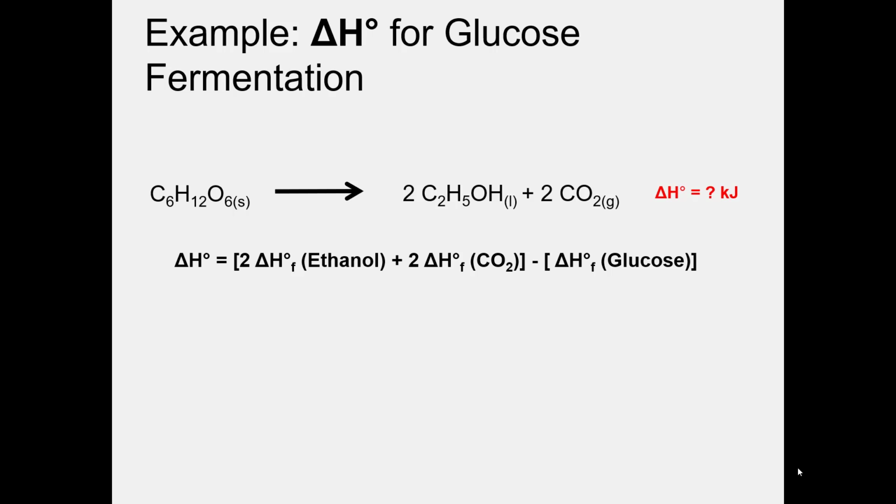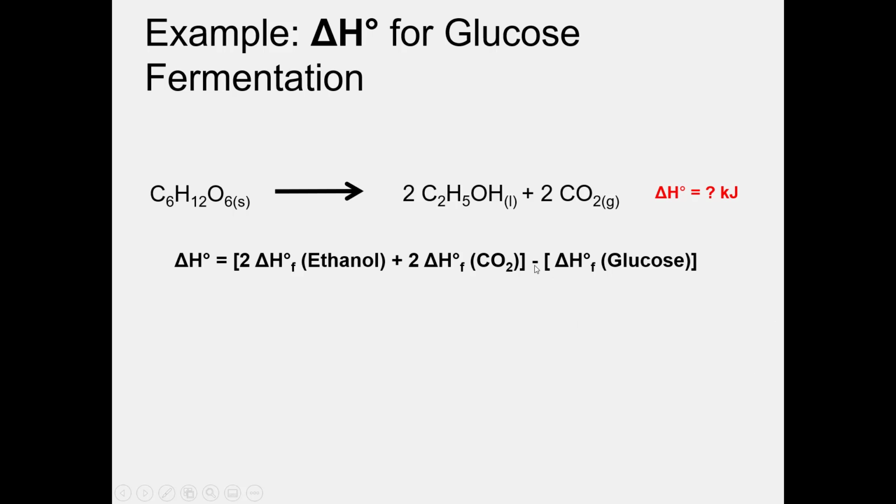But our general approach here is, since we haven't been given any other information about enthalpies, we are going to use enthalpies of formation, which we can always find in a table, to calculate the overall enthalpy change for this reaction at standard conditions. So if you're dealing with enthalpies of formation, the overall enthalpy of reaction under standard conditions is equal to the enthalpies of formation for the products multiplied by their stoichiometric coefficients.